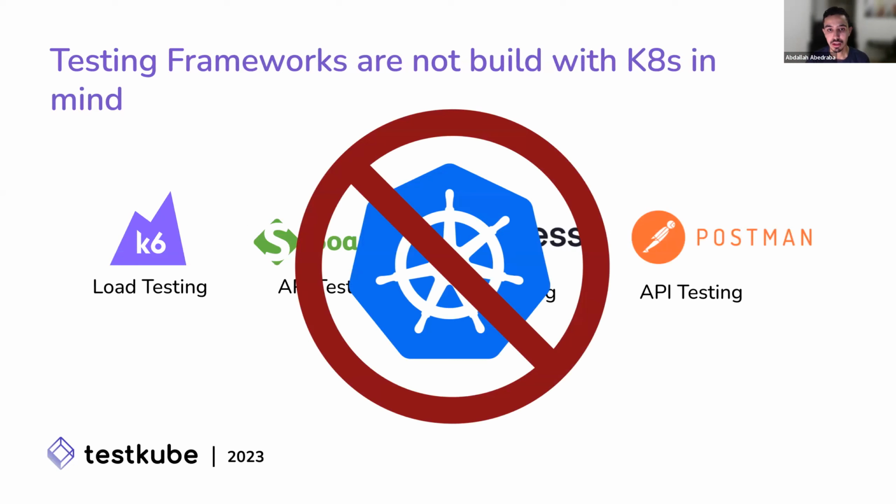And by that, I mean, if you want to run one of those tests, you need to think about how do I containerize it? And how do I put it inside my cluster? What triggers that test? What systems do I need to be connecting it to? So the process of just taking this test and running it in Kubernetes is not that simple.